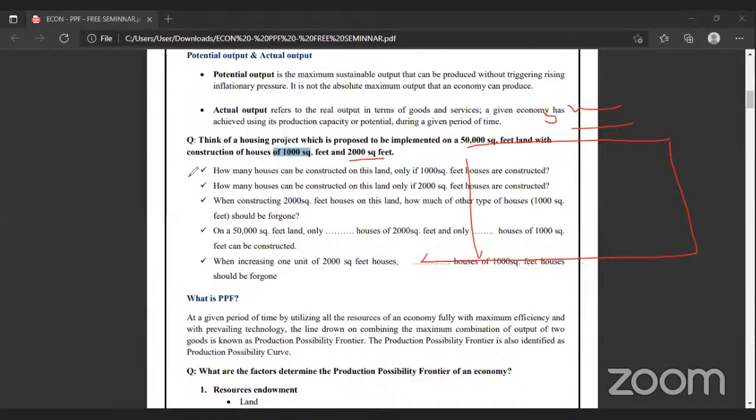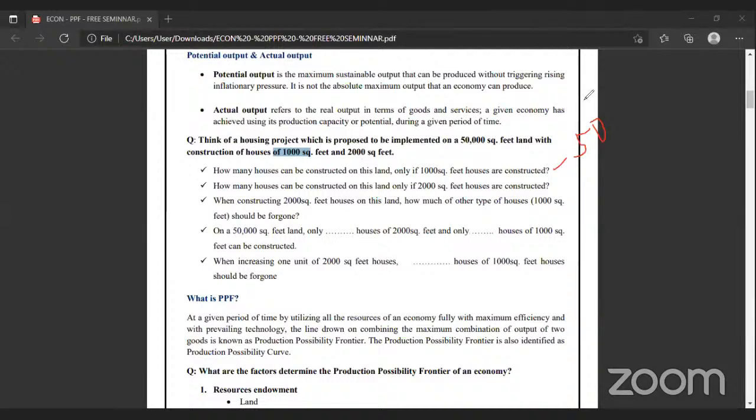The first question, tell me in the chat box: how many houses can they construct on this land if only 1,000 square feet houses are constructed? Before I even read it, they have said the answer. Perfect, correct. 50 houses, which means no 2,000 square feet houses.